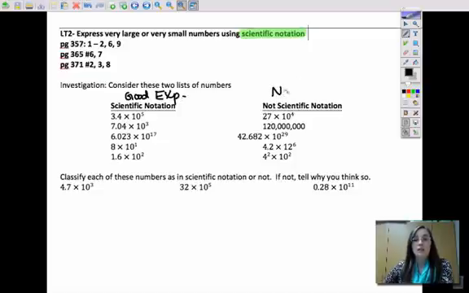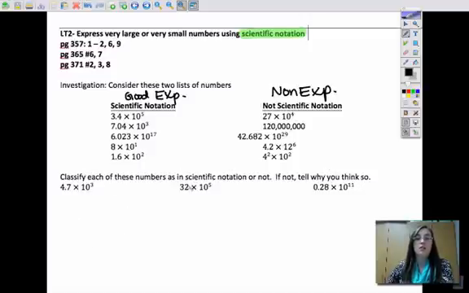So these are good examples, and these are non-examples. I want you to start to formulate in your head what you think the definition is for scientific notation. And then also, I want you to look at each of these numbers and decide whether you think it's in scientific notation or not.